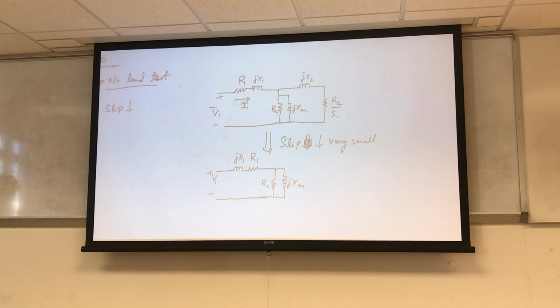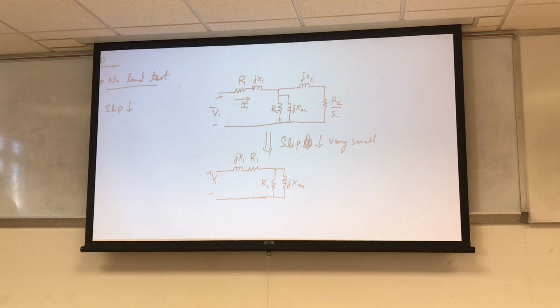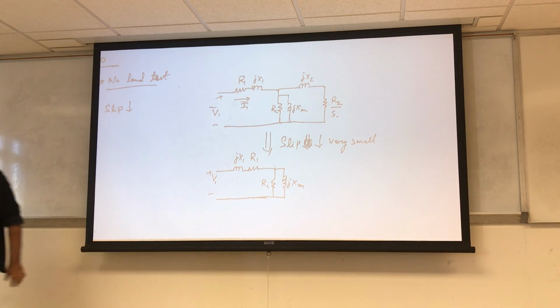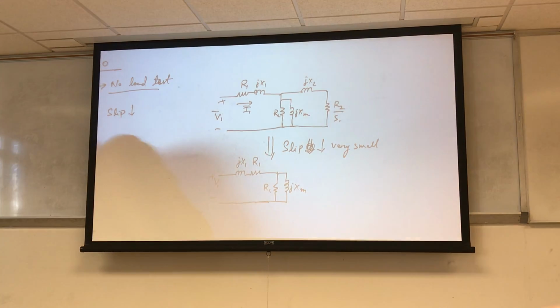But we don't know the slip at which this thing is running, right? We don't know. So what is given in the question? In the question, all the parameters are given. Everything which is here is given. And it says that P frictional loss is given, 150 watts.